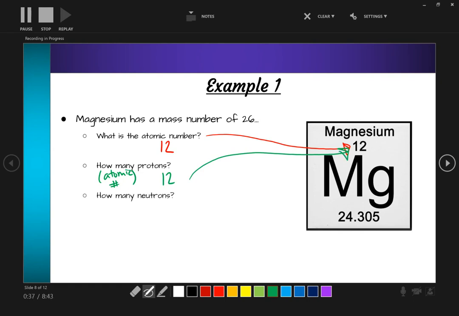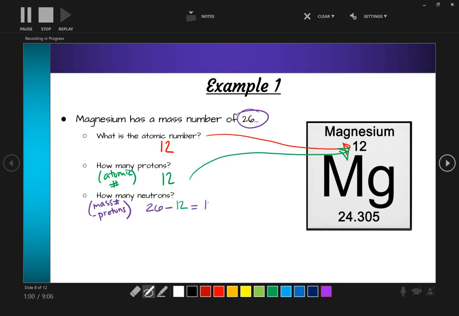How many neutrons? Remember that neutrons is equal to mass number minus protons. So the mass number you were given at the beginning of the question, so 26 minus, how many protons do you have? 12.